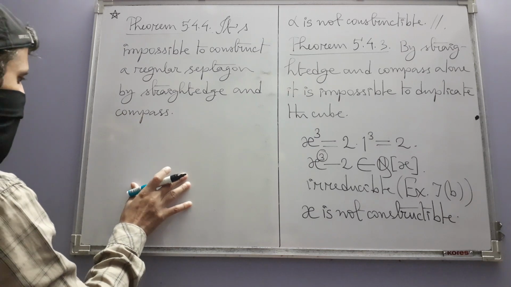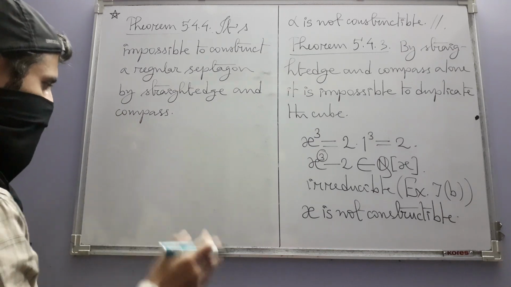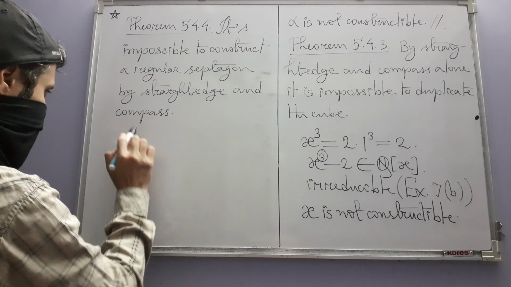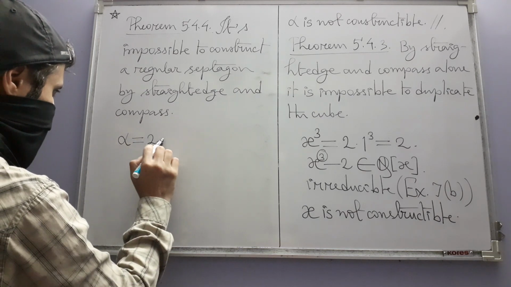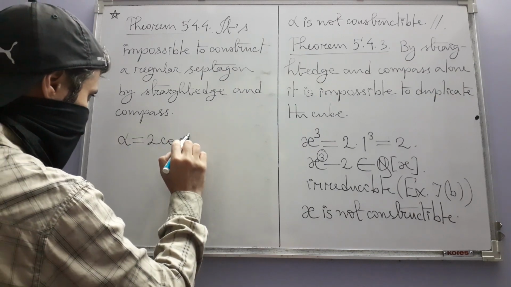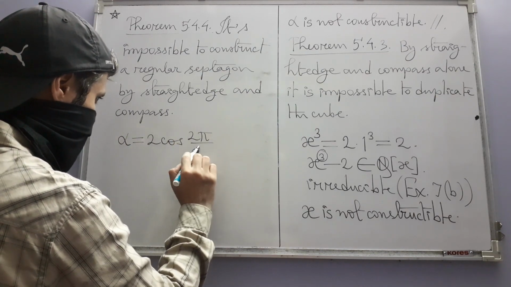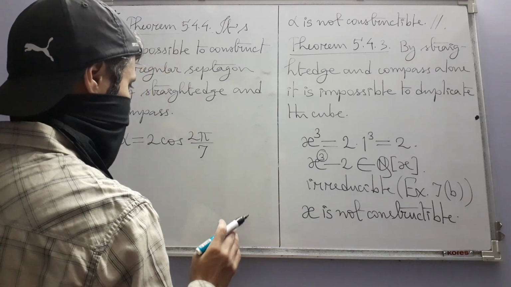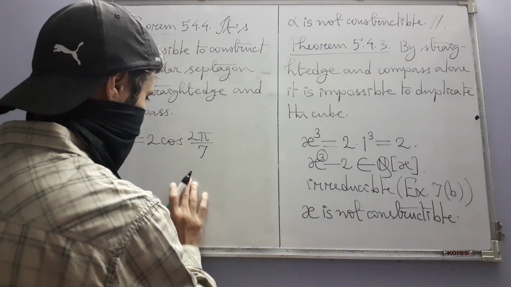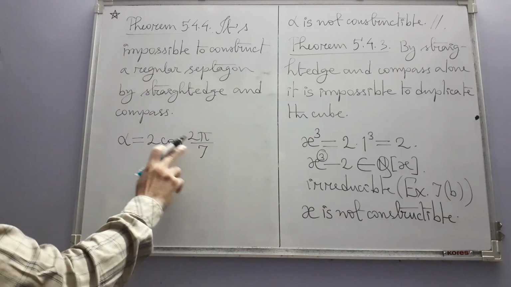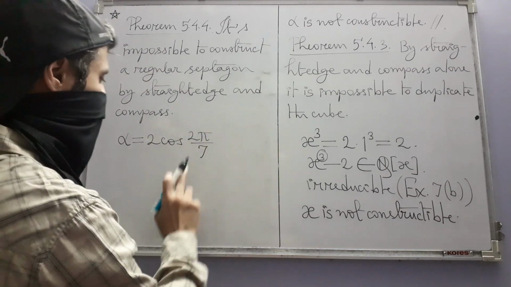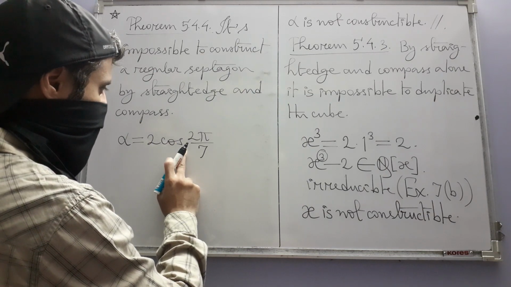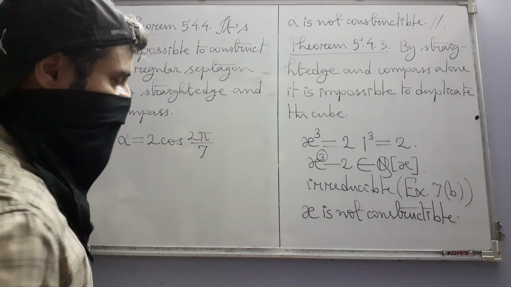That construction, had it been possible, requires us to show that this number 2 times cos 2 pi over 7 radians, of course, is constructible, but this number is not constructible. This is something that is related. You must be able to understand that the cosine here is coming because of our special exercise.